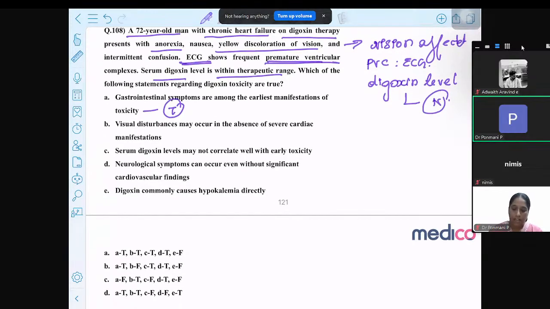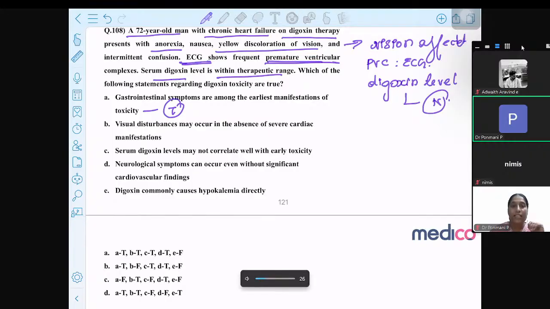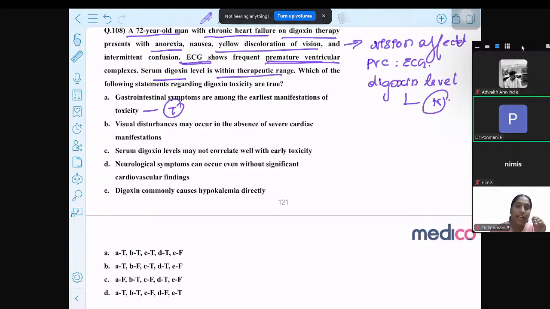Okay. Right. So coming back to the question, sorry for the inconvenience again. We will come back to the question once again. We are dealing with the signs of digoxin toxicity. The gastrointestinal symptoms, as I said yesterday, are the earliest manifestations of toxicity. The other toxicities are GI, then visual disturbances, and then you're going to get arrhythmias.